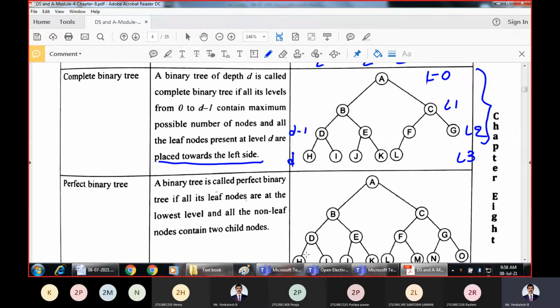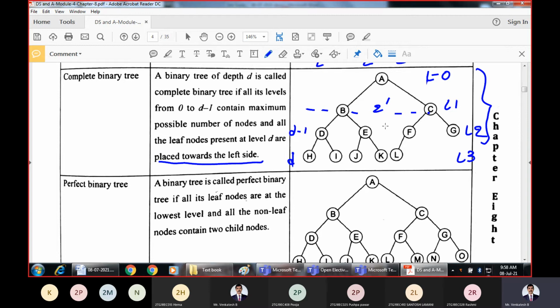That means they contain the maximum possible nodes. At level 0, only one node is possible. At level 1, we know that 2 raised to 1 nodes are possible. They are present, B and C.